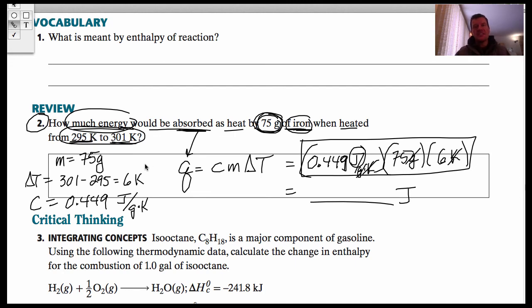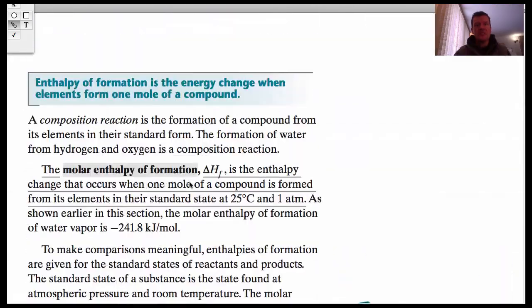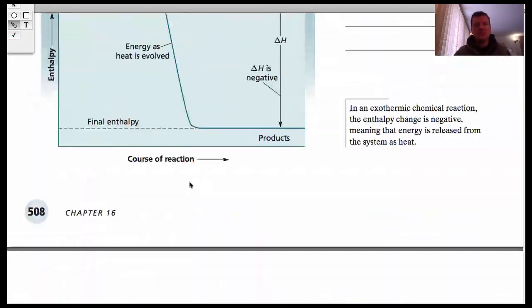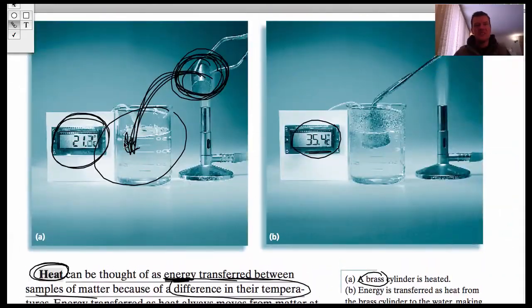So that is specific heat capacity, and using this formula to find out the energy, the heat energy absorbed, or it could be lost, heat energy gained or lost. And I'll just say one last thing here. In our example up here with the brass cylinder, the amount of heat gained by the water is the same as the amount of heat lost by the brass.